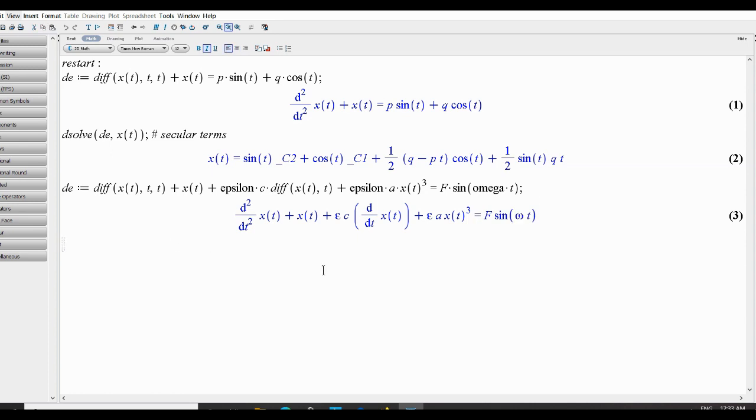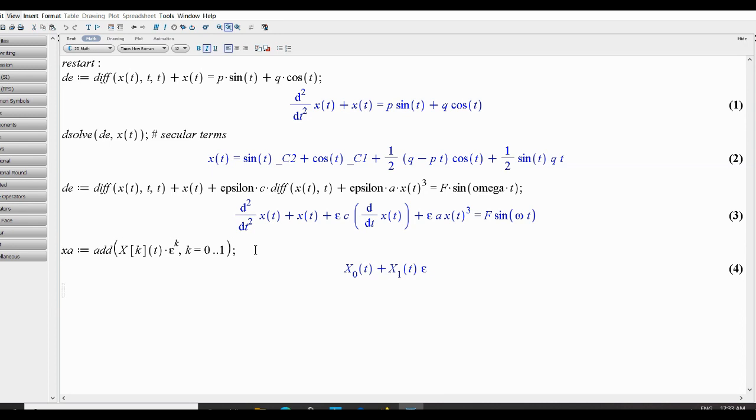Over here what we will do is we will say x approximate is equal to the sum of capital X k of t times epsilon to the power k, k equals 0 to 1. Let me just use the first order. So I can have more terms, but let me begin here. Okay, very good.